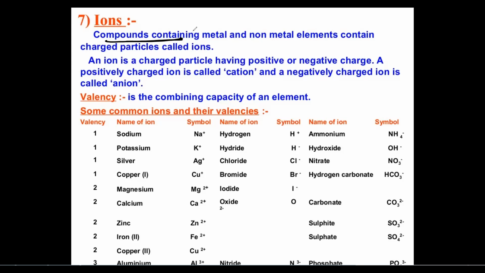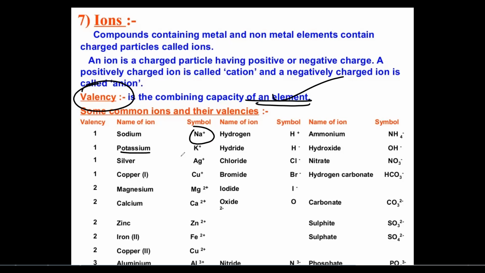When atoms lose electrons, they become positively charged, known as cations. When they gain electrons, they become negative, known as anions. Anions and cations will have fully filled electrons in their valency. Valency means the combining capacity of an element.